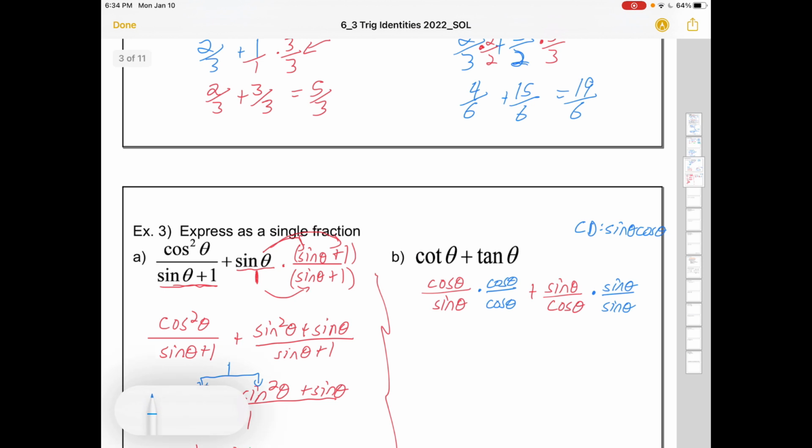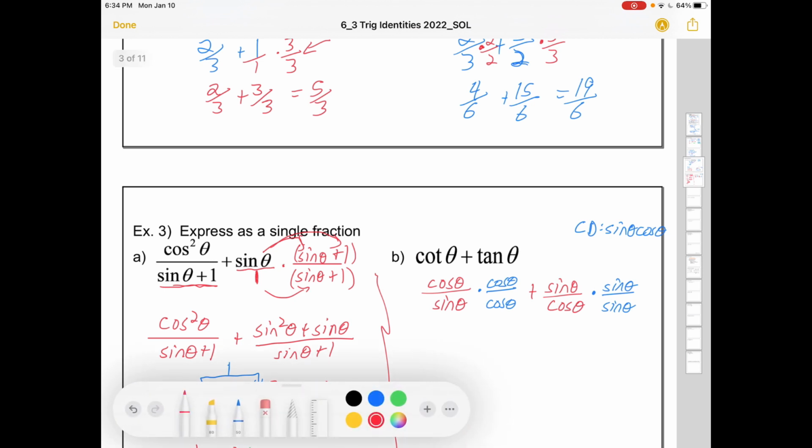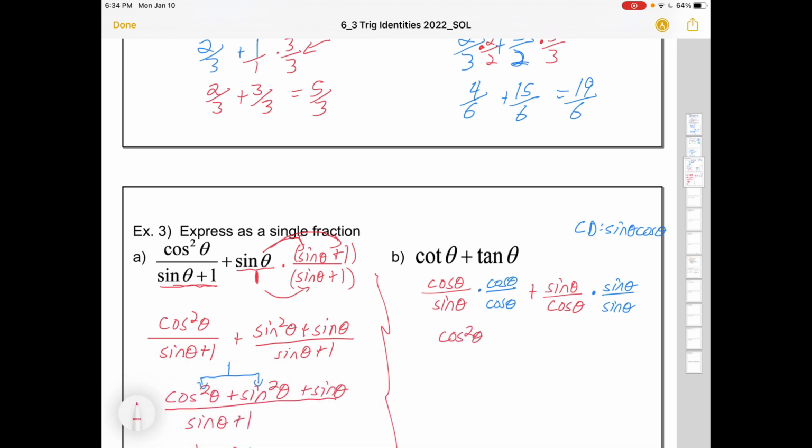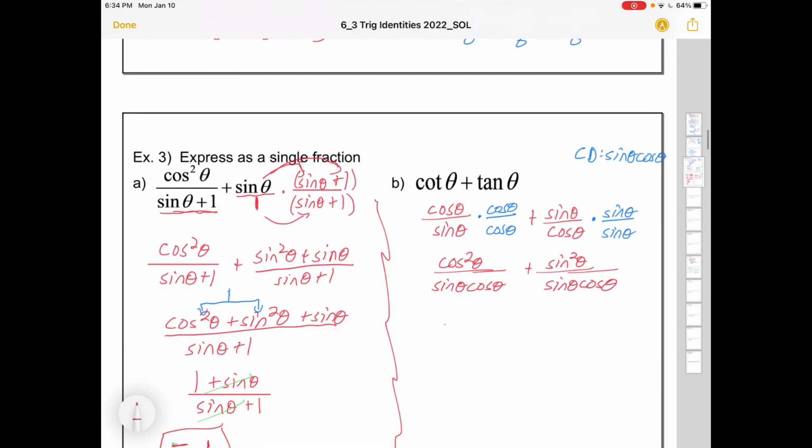Okay, so what does that leave us with? It leaves us with cos squared theta over sine theta cos theta, plus sine squared theta over sine theta cos theta. And that means we've got cos squared plus sine squared all over sine theta cos theta.